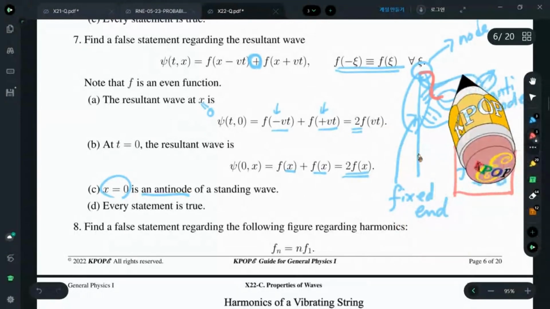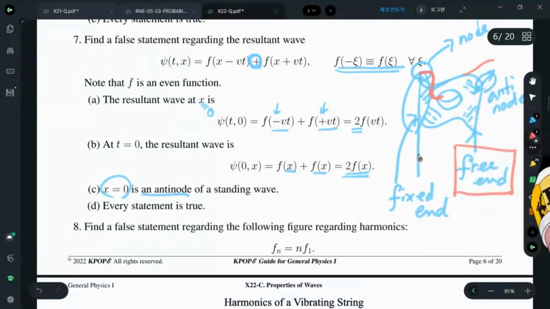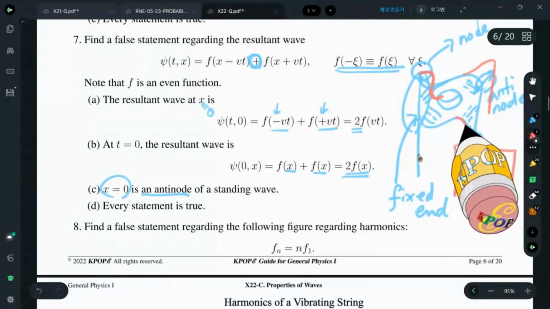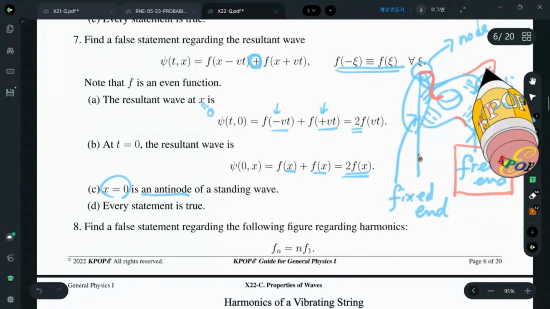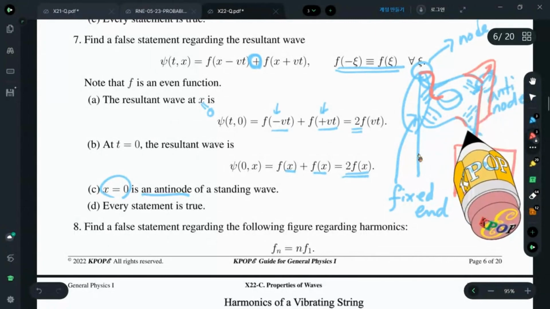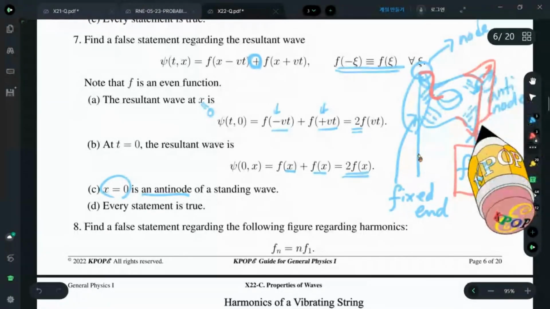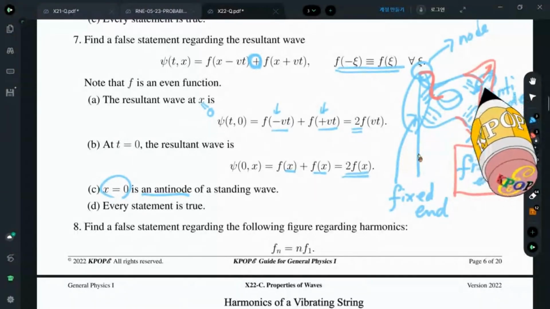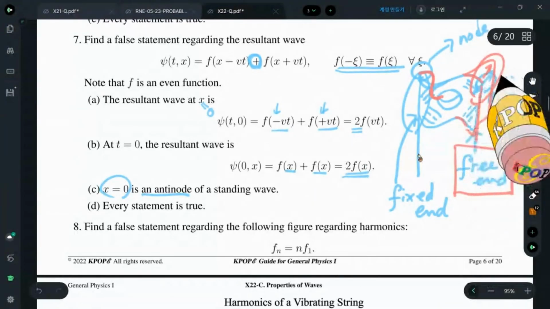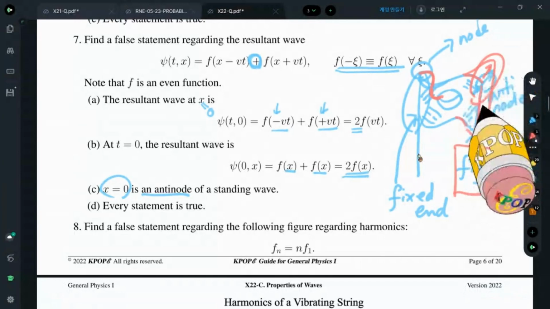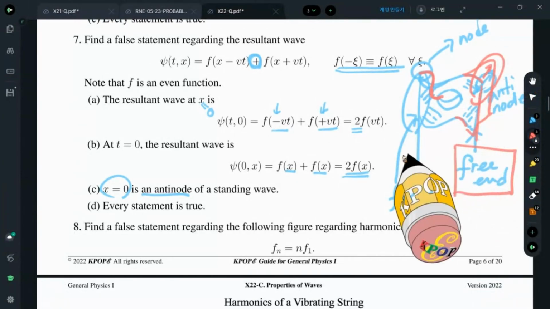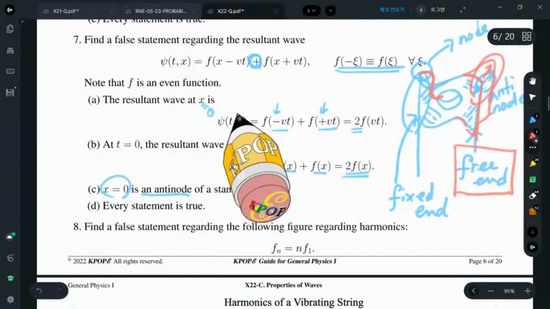So after reflection, though it is magnified by twice at the end point, it usually won't fold up, because it oscillates faster along the same direction. This is an antinode, and this is a node. All right.